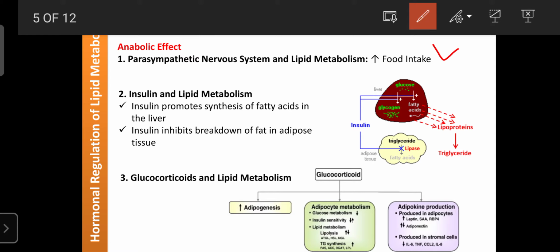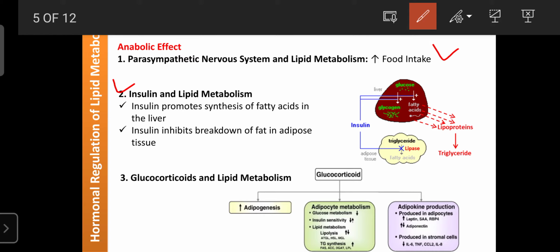So the next one is insulin. Insulin is a hormone synthesized in the pancreatic gland, from the beta cells. Its major function is the regulation of the plasma sugar level.